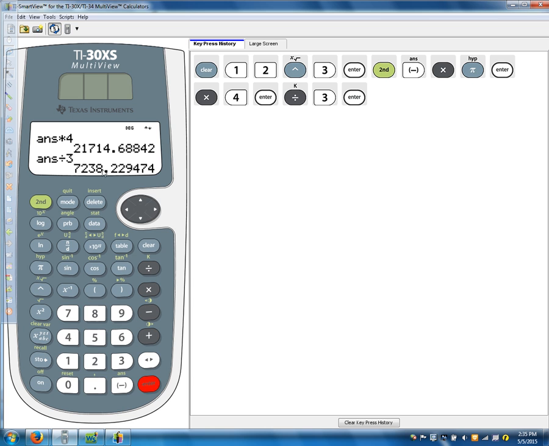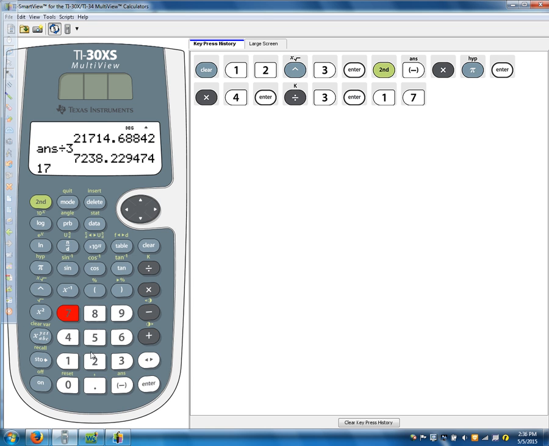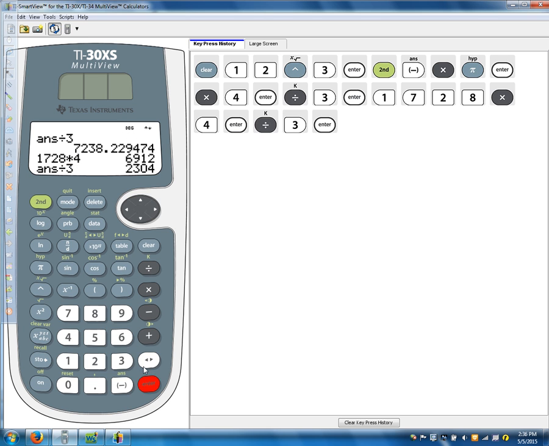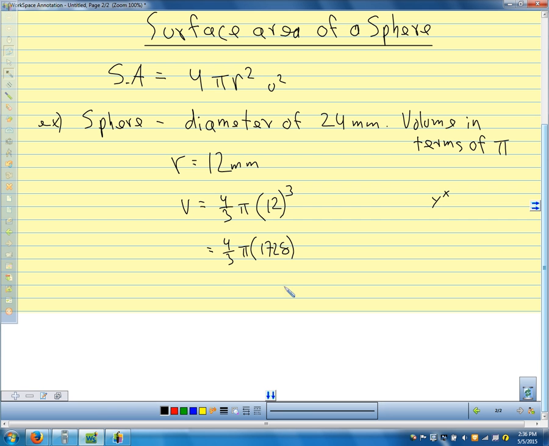So in terms of pi, I'm just going to do the 1728 times 4, and then divide that by 3. So I get 2,304. So 1728 times 4 divided by 3 is 2,304 pi cubic millimeters.